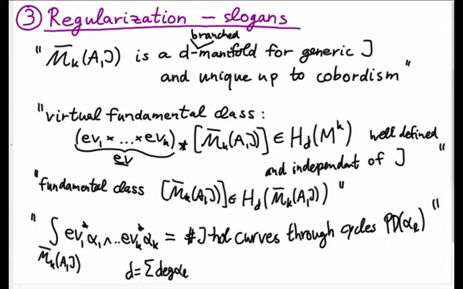But if you come more from the geometry, if you see a curve that goes through a number of cycles, you would call the point where your curve goes through the first cycle the first marked point, and so on.